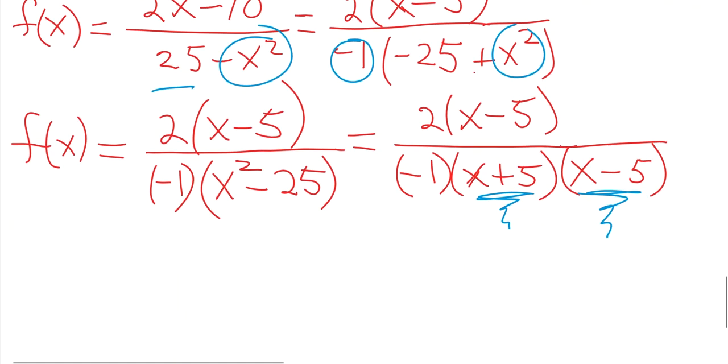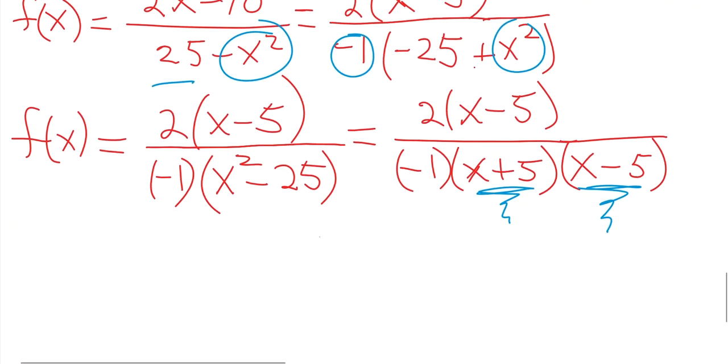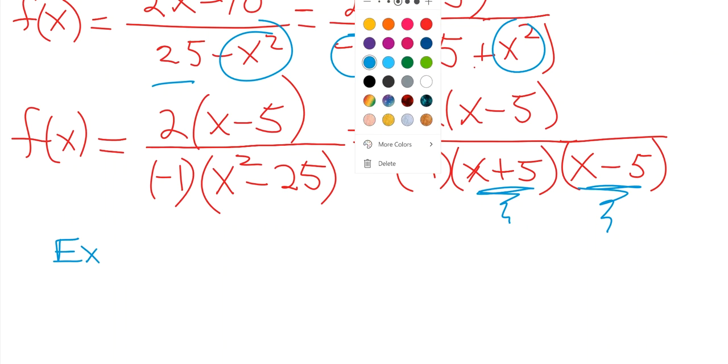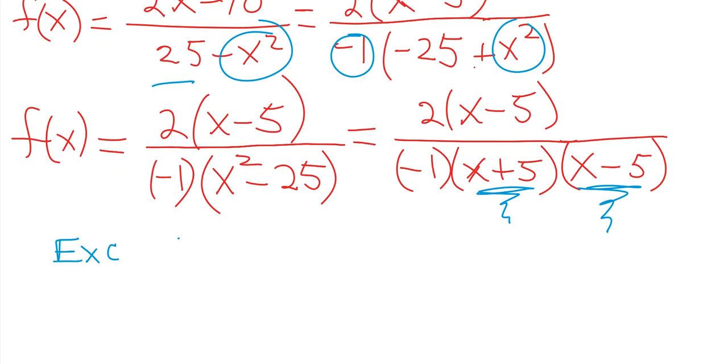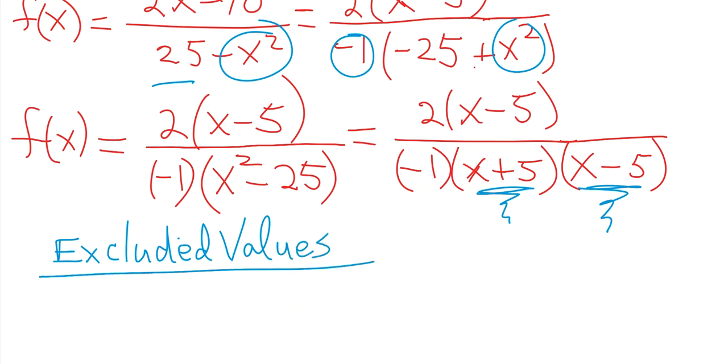So my excluded values are these: x cannot be equal to negative 5, and x cannot be equal to positive 5.